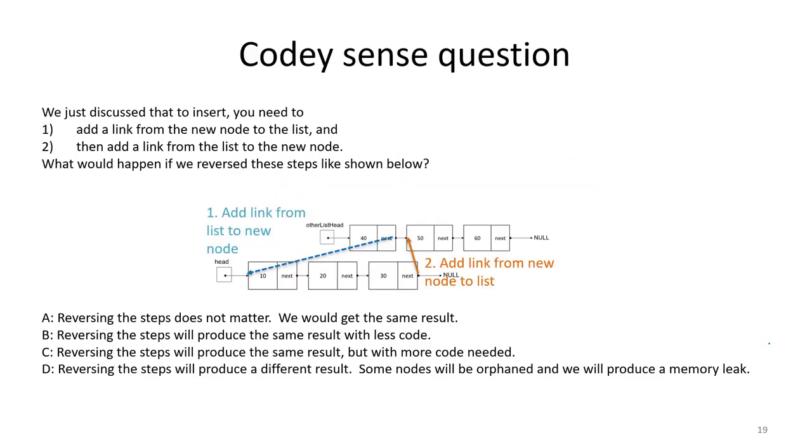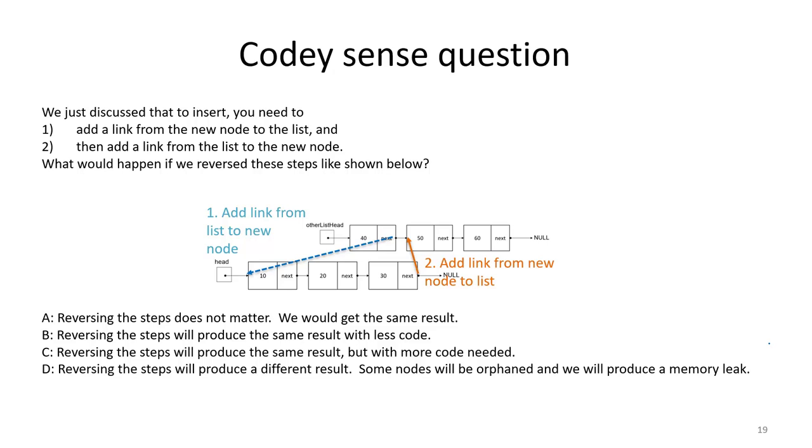Let's try a code sense question then. We just discussed that in order to insert nodes into a linked list, we need to add a link from the new node to the existing list, and then add a link from the existing list back to the new node. Question is, what would happen if we reversed the steps like shown below?